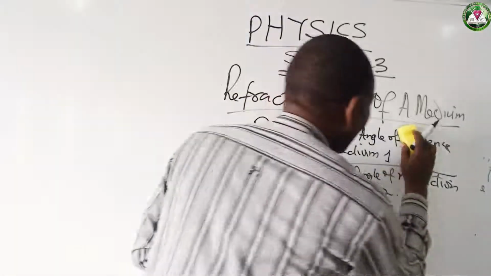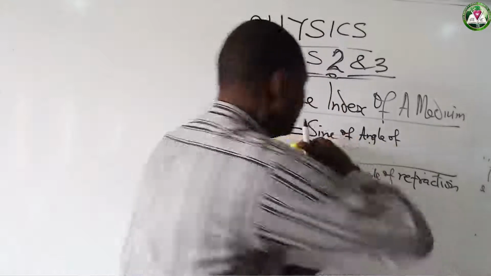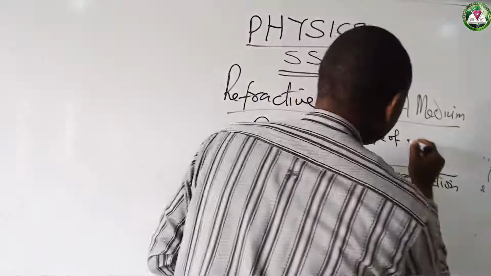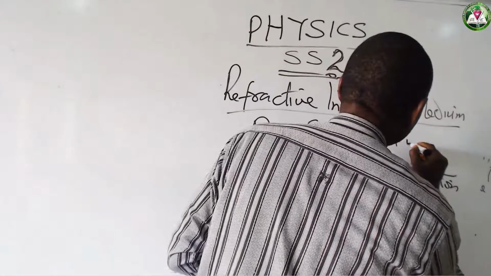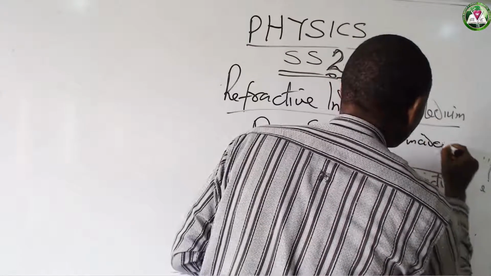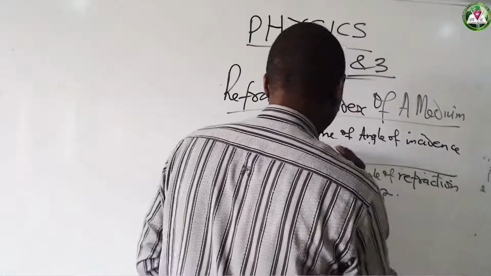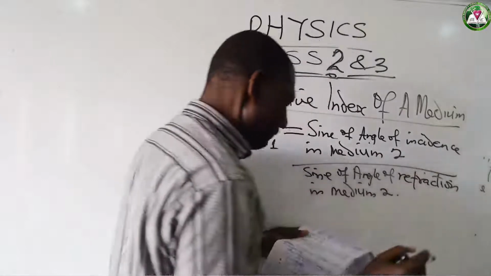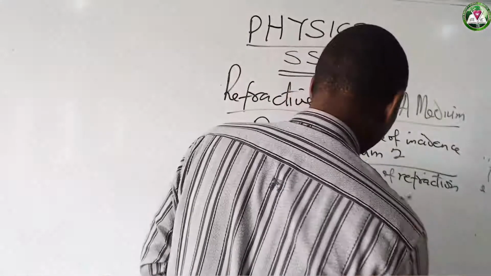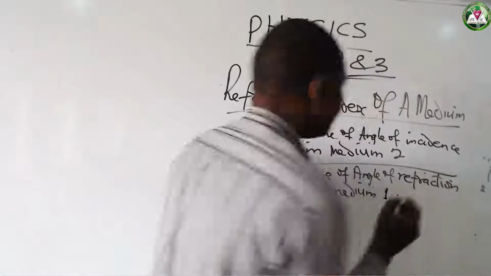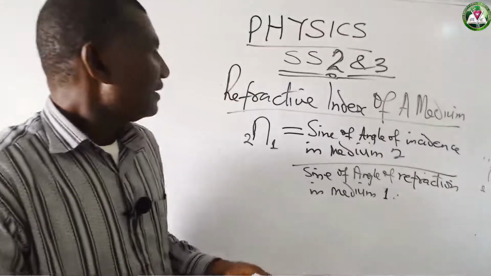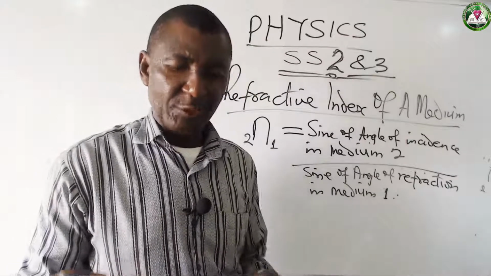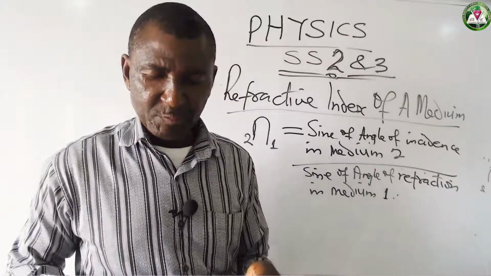So our equation will now change to sine of angle of incidence in medium 2 over sine of angle of refraction in medium 1.